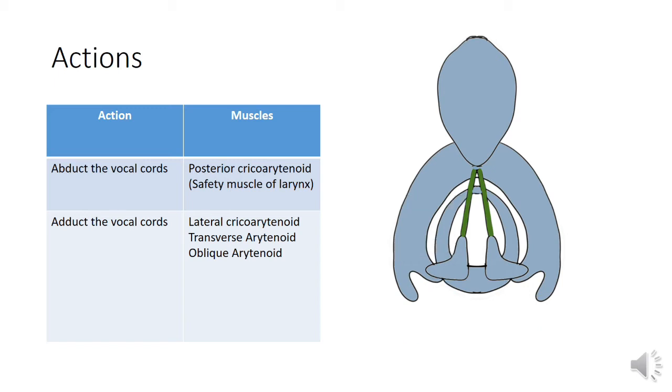The adduction of vocal cord is brought about by 3 muscles: lateral cricoarytenoid, transverse arytenoid, and oblique arytenoid. The lateral cricoarytenoid attached to the anterior aspect of the muscular process pulls the muscular process forward, thereby moving the vocal process medially, which causes the vocal cord to adduct.